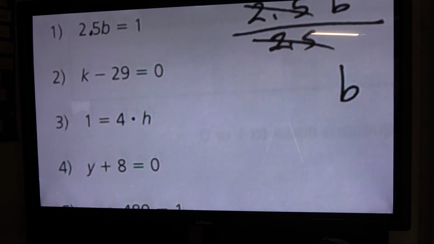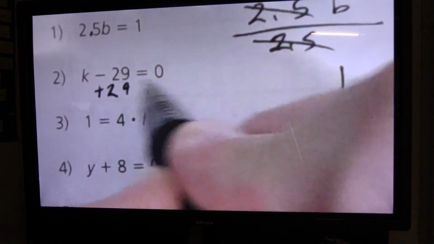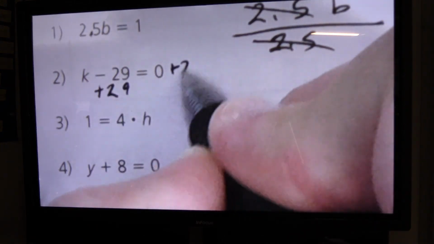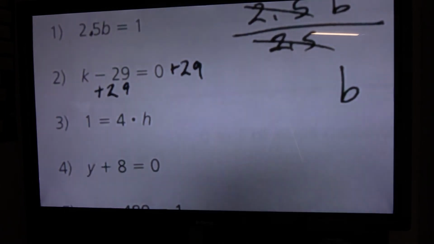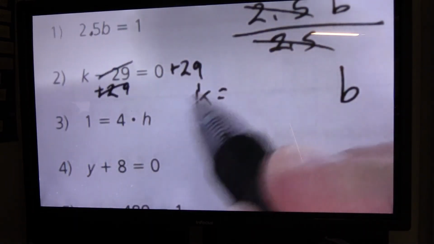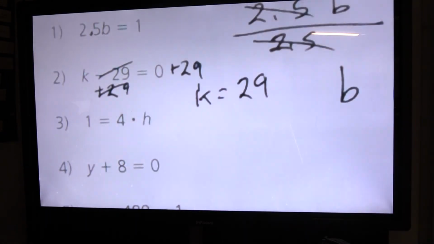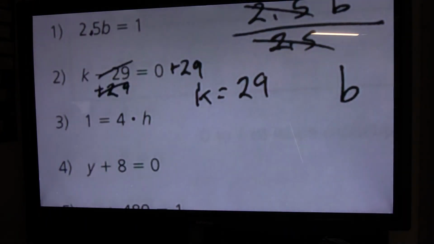So, what I'm going to do here is add 29, and they'll cancel those out, and I'll add 29 here. And then that's going to leave me with k equals, oh, what's 0 plus 29? 29. So that inverse operation helped me figure out the value of k.